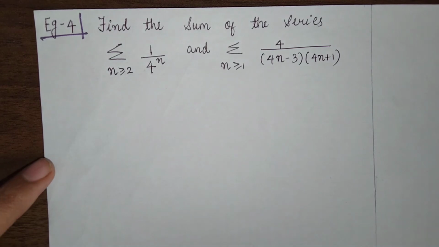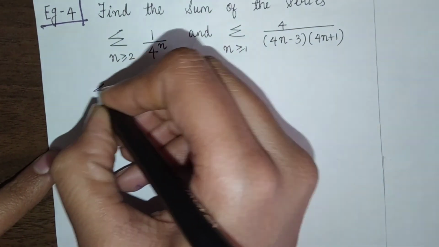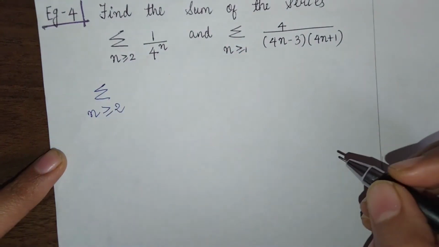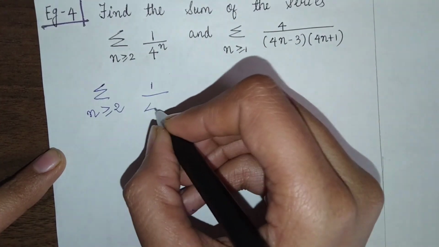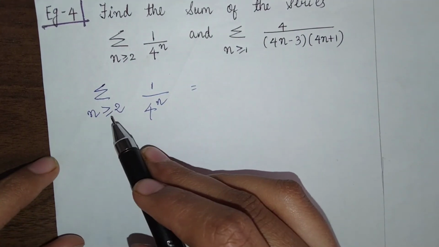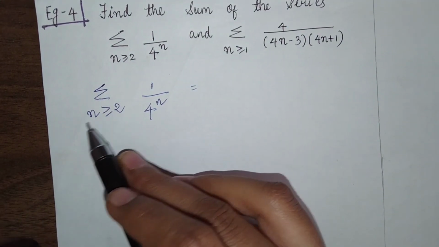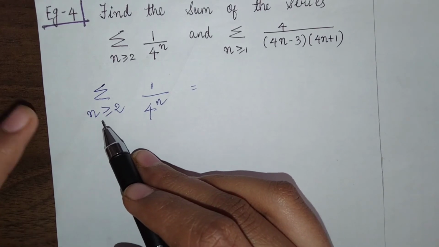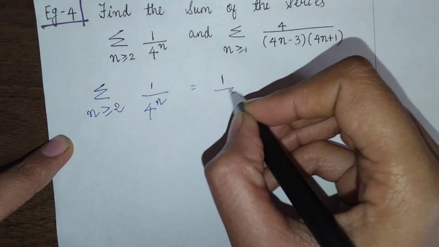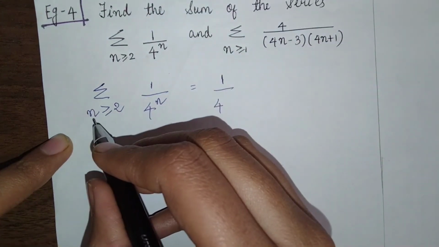Okay. Now what is asked here? Summation n greater than or equal to 2 of 1 upon 4 raised to n. It means we have to put the value of n as 2 or greater than 2. Okay, n is greater than or equal to 2. So we can write it here. First of all we will put 2.